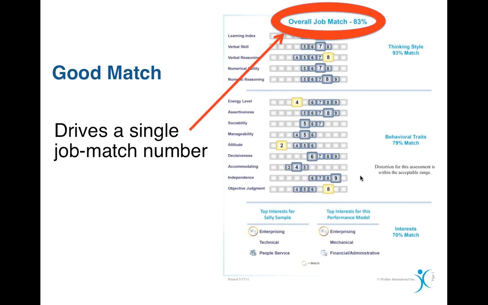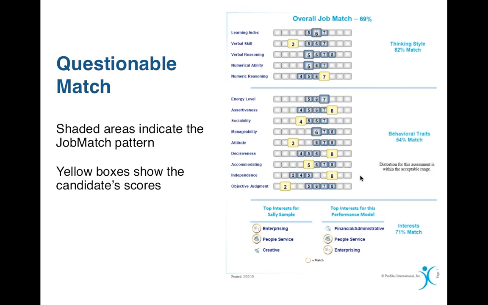You could really identify that in terms of thinking, behavioral, and interest scales, there are relatively few scales, such as energy, attitude, and objective judgment, that fall outside the predictive success pattern. If you aggregate those, it becomes the overall job match percentage, which is very helpful for managers.